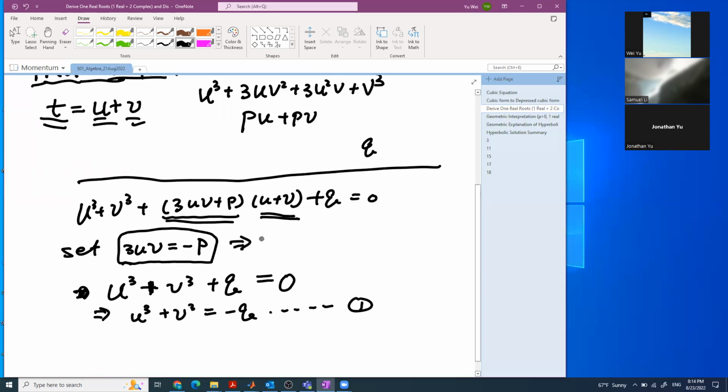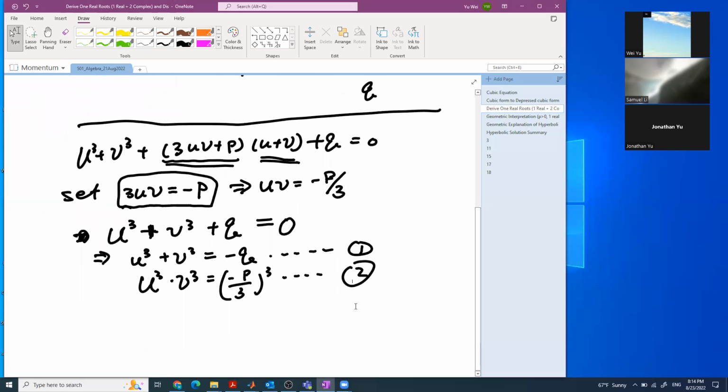This one tells me uv equals negative p over 3. What if I say u cubed times v cubed is negative p over 3 cubed? Does it ring a bell? Anybody? x plus y is equal to something. Yes, Vieta does.